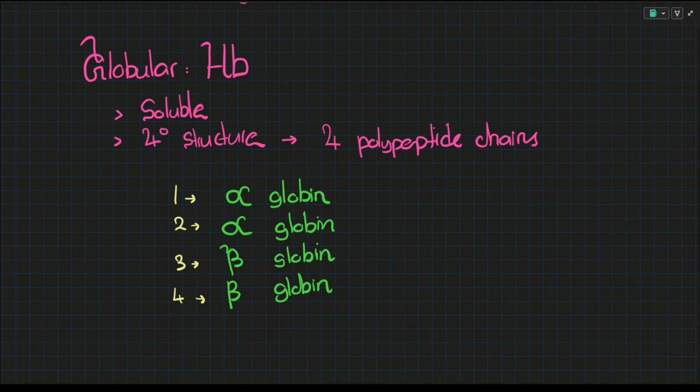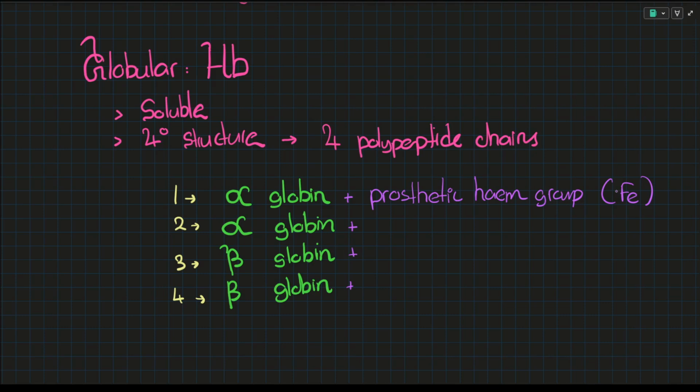I will. Each of these polypeptide chains is connected to a prosthetic heme group. Now, what do you mean by a prosthetic? Forget about the heme group. First of all, a heme group is simply iron, heme, okay? That's why it's called a heme group. What does prosthetic mean?